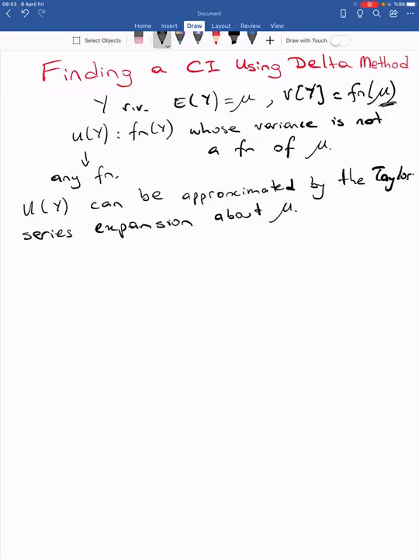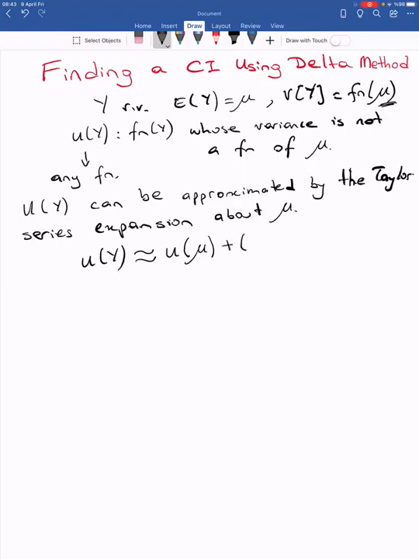You know the Taylor series expansion goes to infinity. It uses the derivatives of the function itself. When we want to use this in the delta method, we are just using the first two components of the Taylor series expansion, assuming the other parts are close to zero. So we approximate this function by the function u where we replace y by mu, the first component.